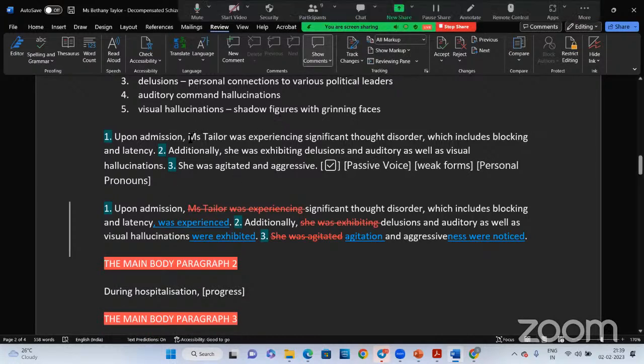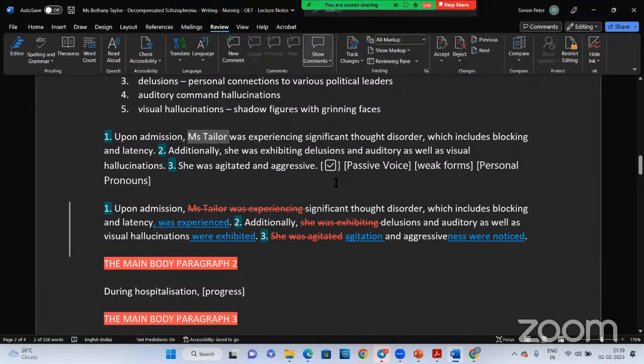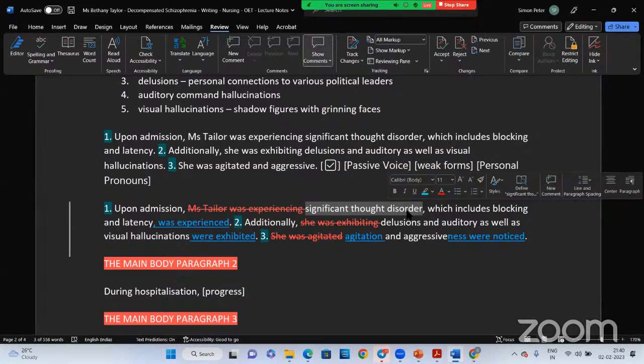One is with the subject called Miss Taylor with the superhero, and the second one is the normal hero. Why are you degrading this quality and making it unimportant? You should make it the subject of the sentence. Especially in this sentence, the hero is significant thought disorder. Why are you degrading its quality? And why are you degrading Miss Taylor's name and using it everywhere?